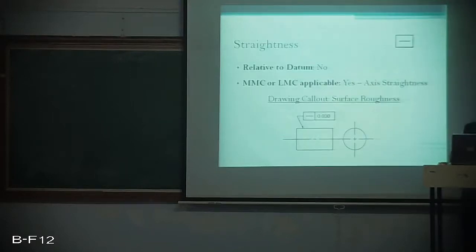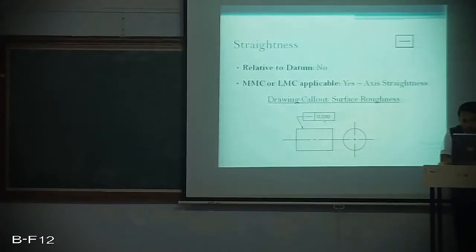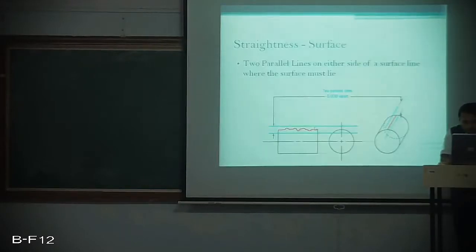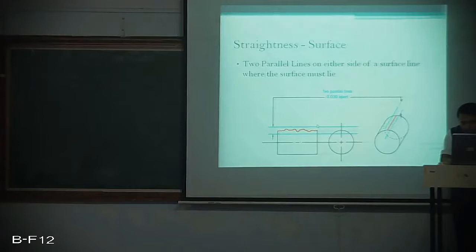I have told it in the last class itself that this is a symbol and this is used to control this edge, which has to be a straight line, and if it is not possible for us to achieve this straight line, the deviation must be well within 0.030. That is what it is stated over here. So this is how it looks like.